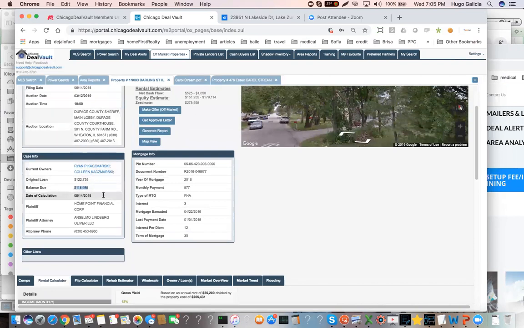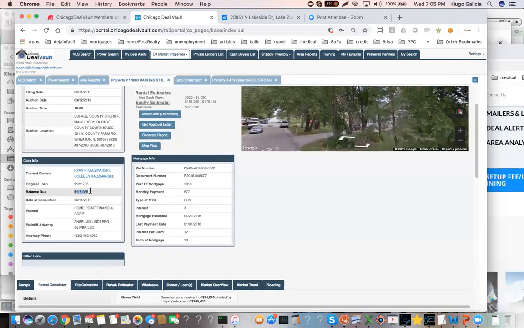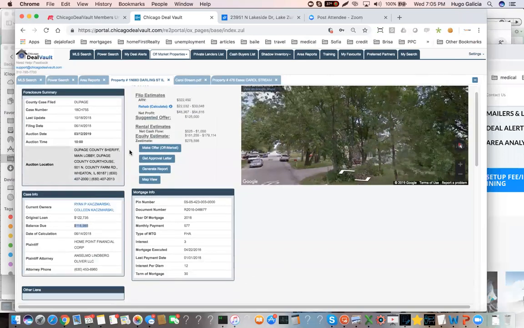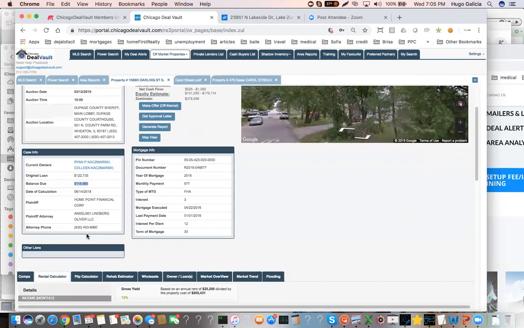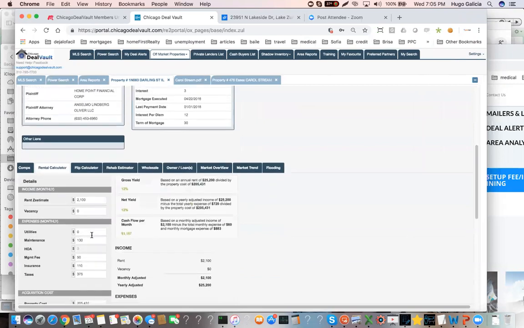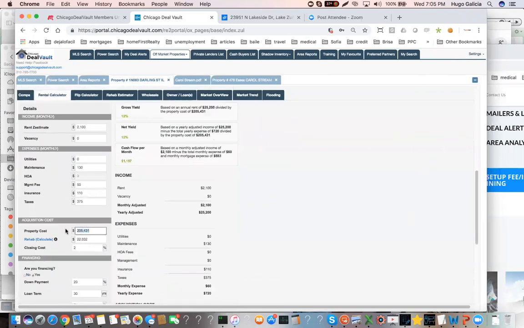So remember what I told you, this property is worth about $280,000. So you cannot pay more than $180. I would say make an offer for $150.